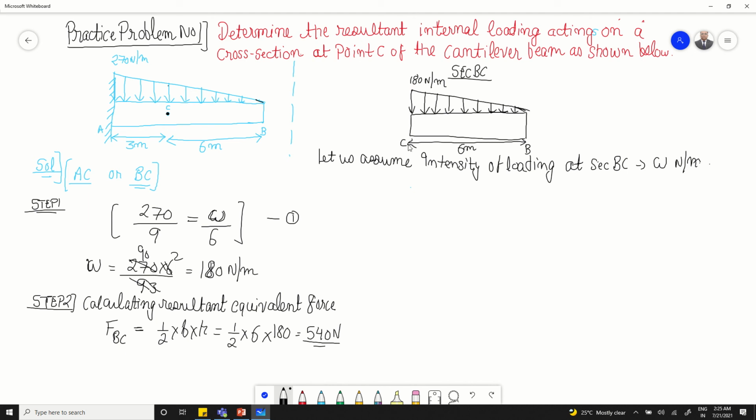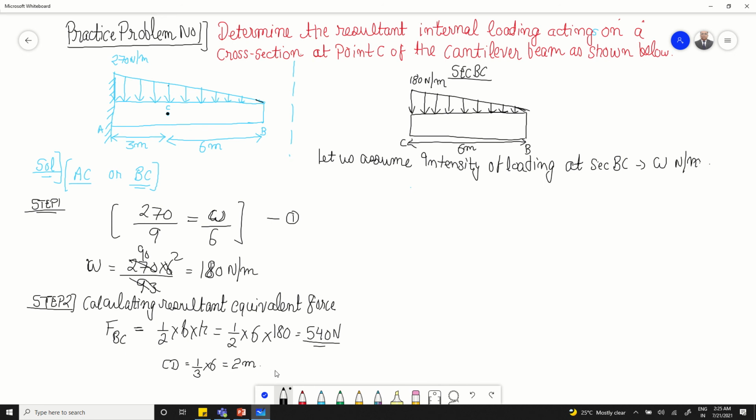Now this force normally acts at the centroid of this triangular section. Let us say that distance is CD. The centroid is roughly 1/3 of the base, or 1/3 of 6, so it will be 2 meter.